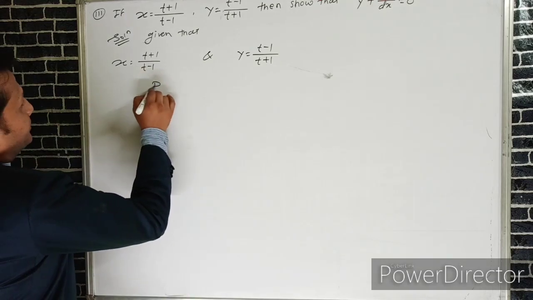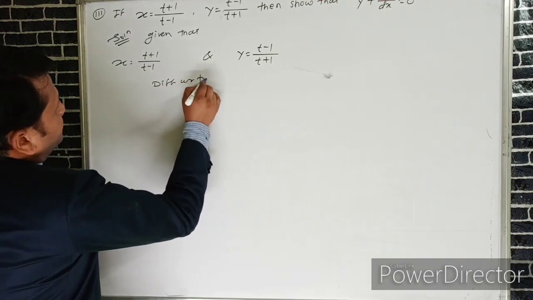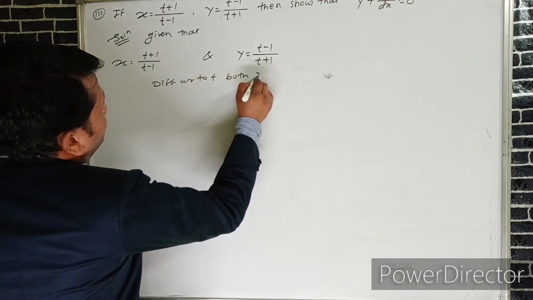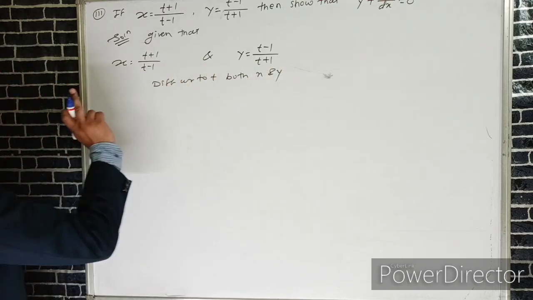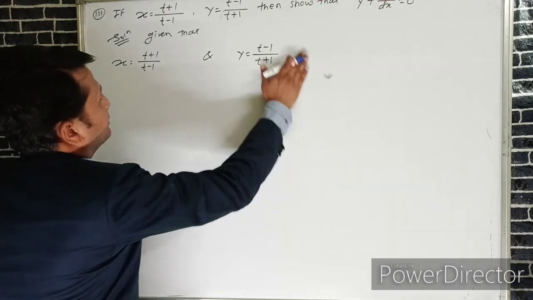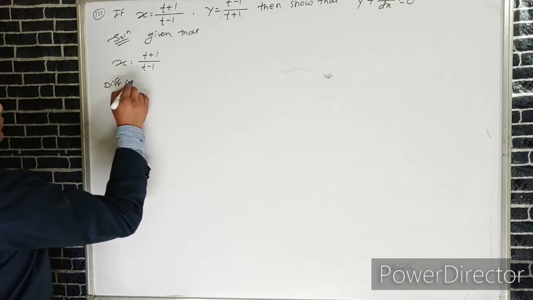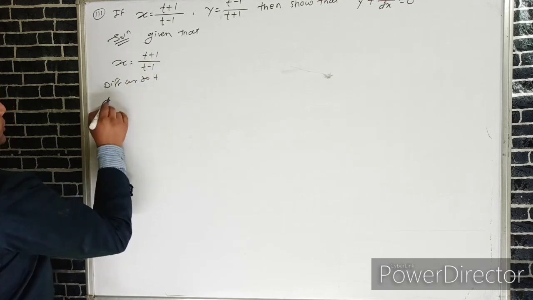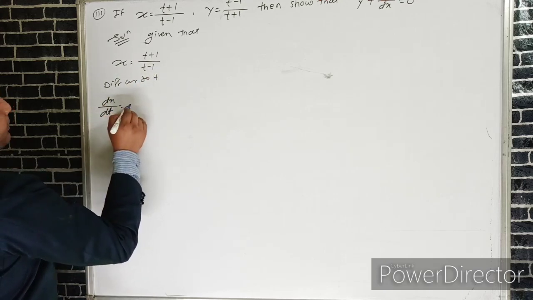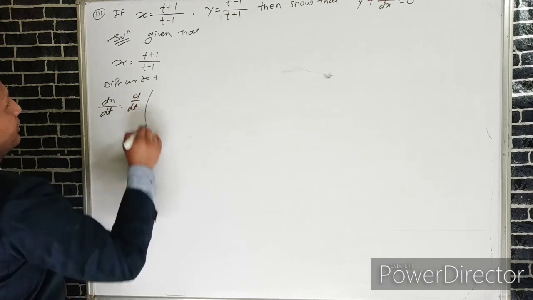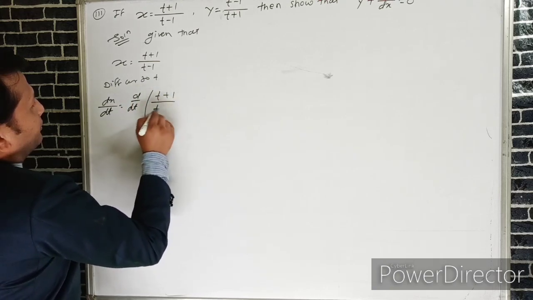If we differentiate both x and y with respect to t, first we take the derivative of x, which is dx upon dt. Here we apply the derivative of u upon v.